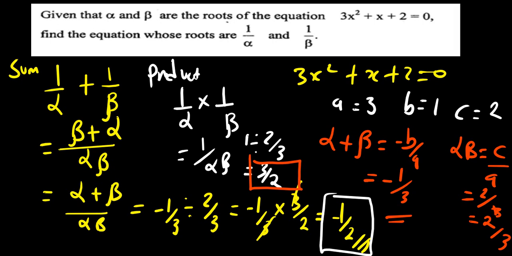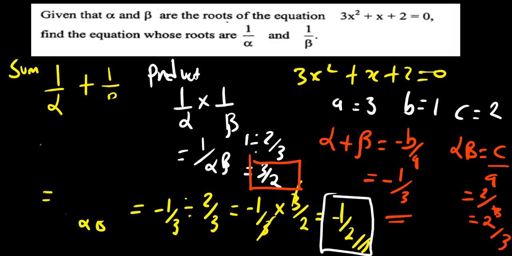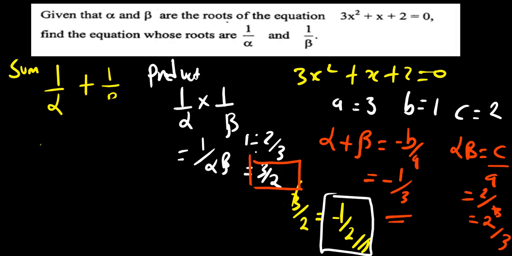Since they are asking you to find the equation, the general equation, like we derived earlier, we said x squared minus the sum times x plus the product is equal to 0.